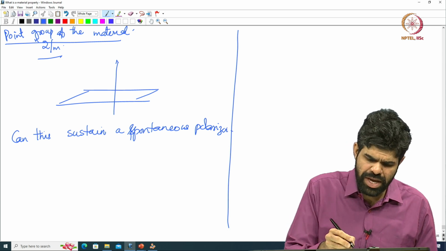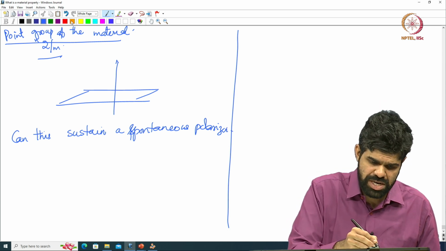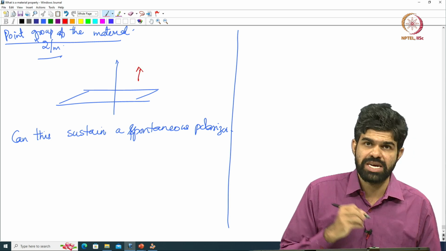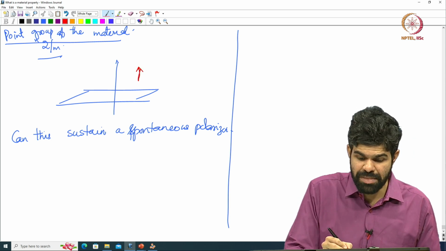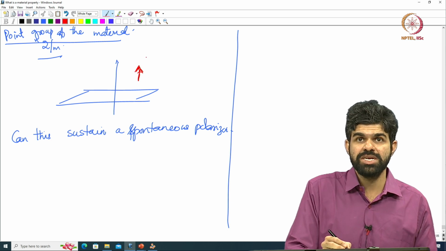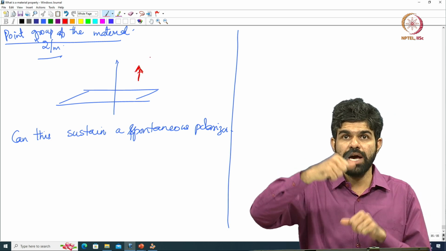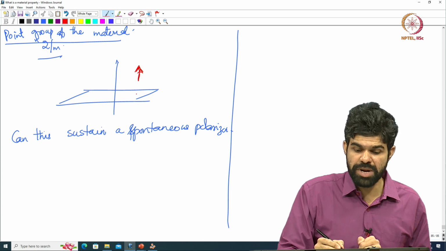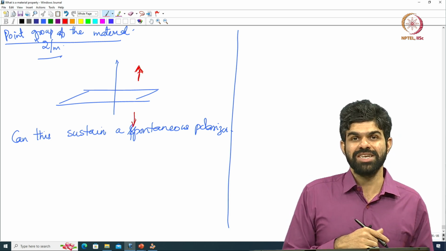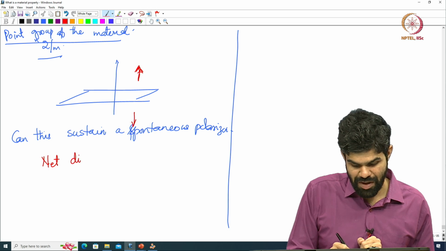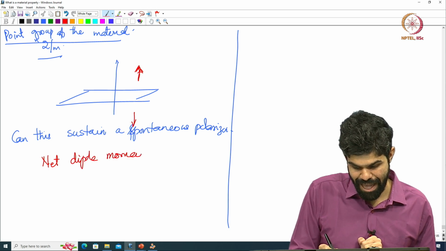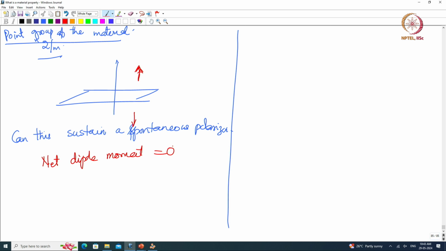Geometrically asking, let us give a direction to spontaneous polarization. So let the spontaneous polarization be in this direction. If I have some atoms giving me a dipole moment in this direction, the mirror plane would say that there should be another dipole moment in this direction. So the net dipole moment should be 0. So 2/m cannot sustain spontaneous polarization.